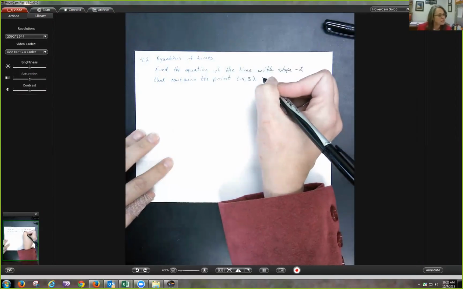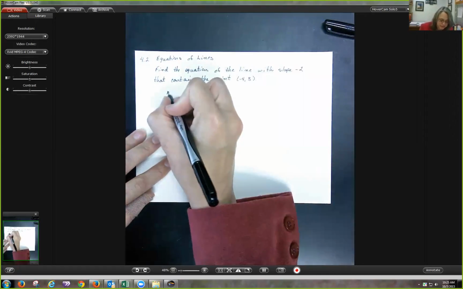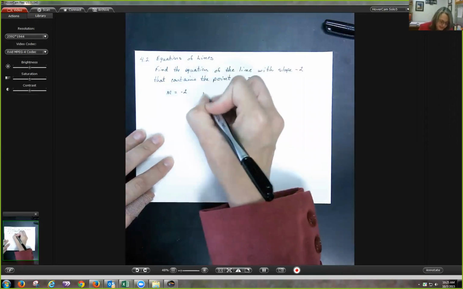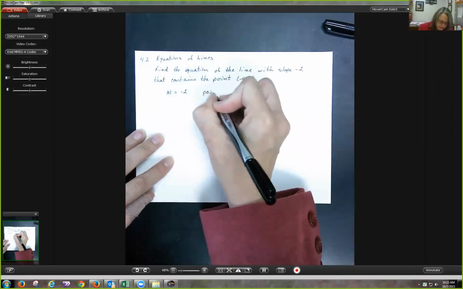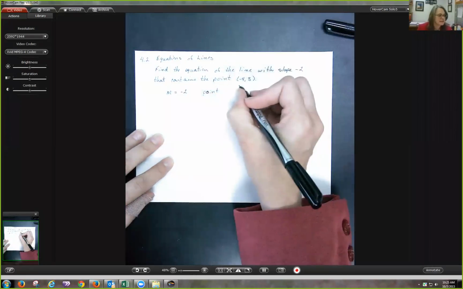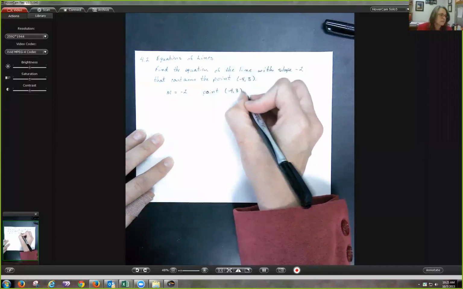All right, there are two ways to do this, and I'm going to show you both of them. The first thing we need to remember is what we need in order to find the equation of a line. We need a slope, in this case, -2, and we need at least one point that is on the line, in this case, -4, 3.